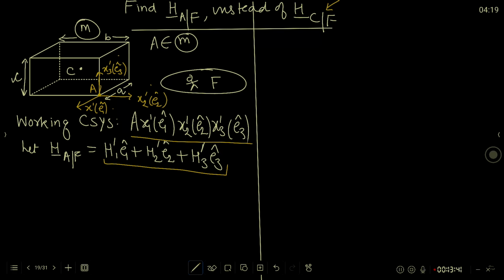It will have three scalar components, which would be H1 prime, H2 prime, and H3 prime. These are the three scalar components. So if I am able to find H1 prime, H2 prime, and H3 prime, I should be in a position to say that I know HAF, right?